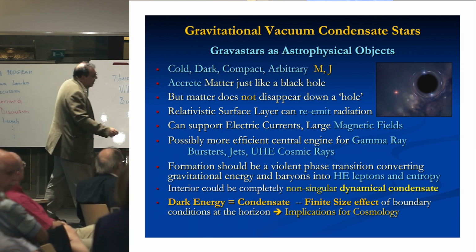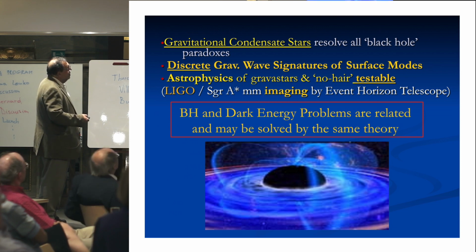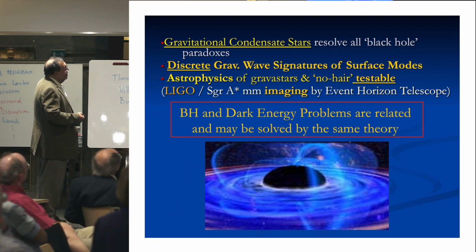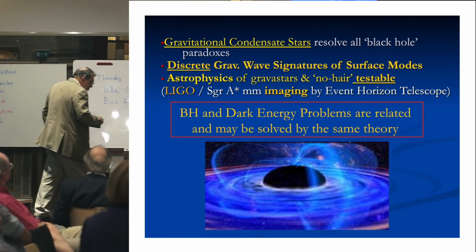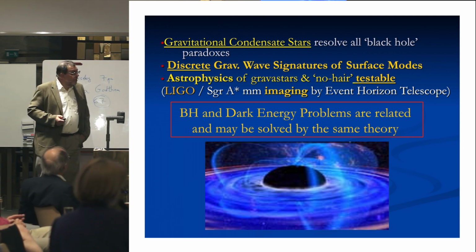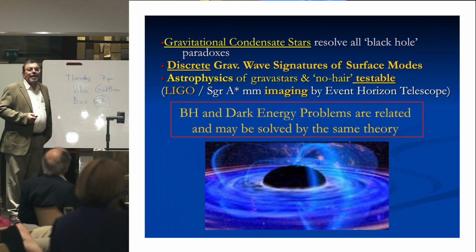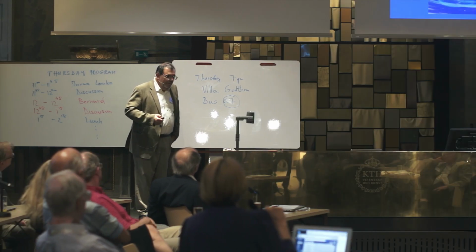As you know, we've already discussed, there is the possibility, very exciting in the near term, the next few years, of actually imaging the central object in our galaxy, Sag A star, with the Event Horizon Telescope. So the provocative idea I want to put out there is that the black hole and dark energy problems are related, and maybe it's the same mechanism that solves both problems. Thank you.